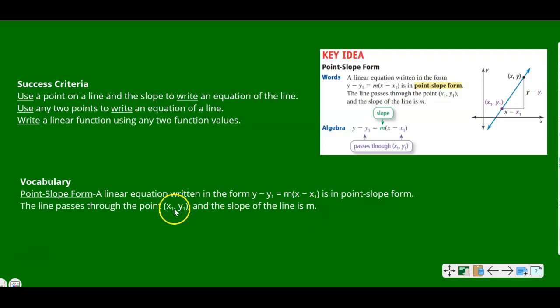All right, so this x and y subscript 1, this is just any point. And if you look up here, it kind of gives you an image of this. Here's x and y, just some random point, and then this is a known point. So be aware that that is point-slope form. Y minus y1 equals m times x minus x1.